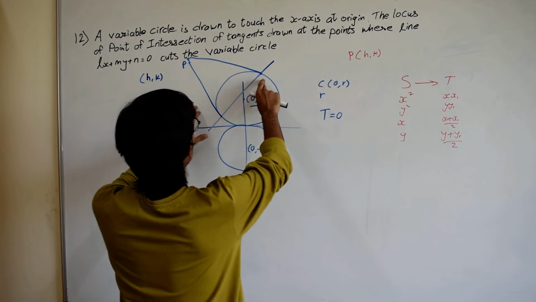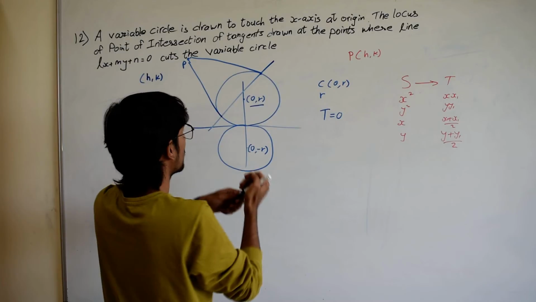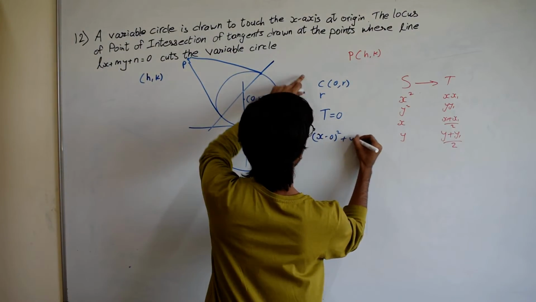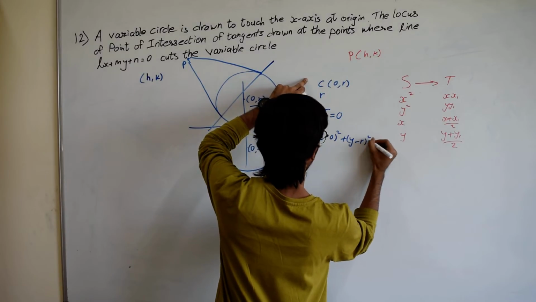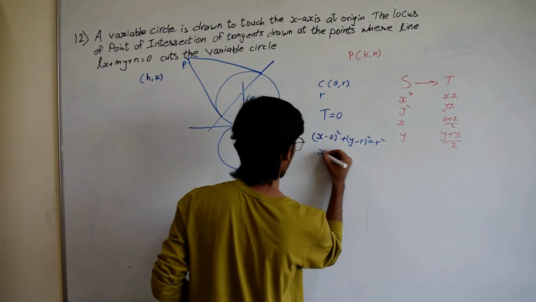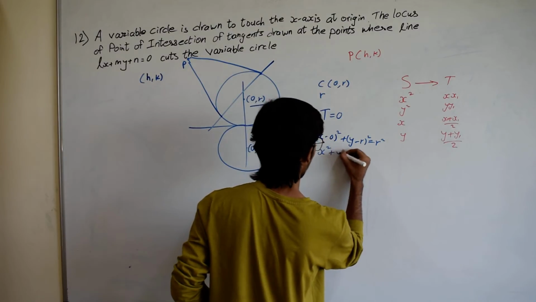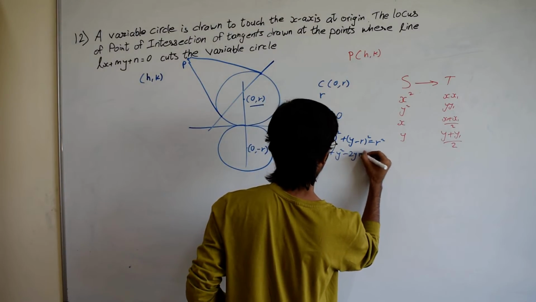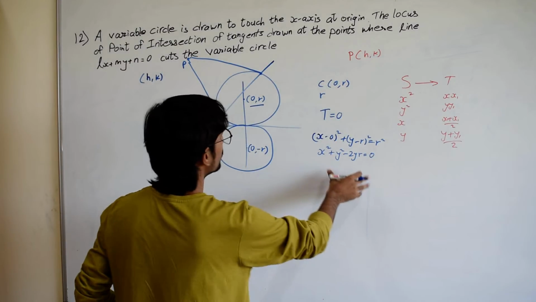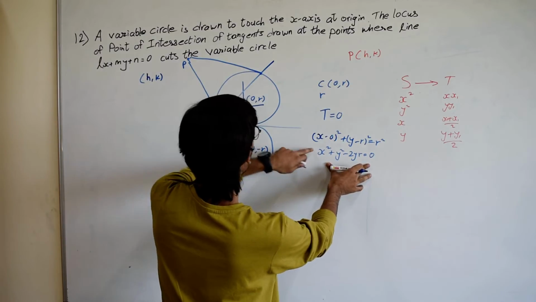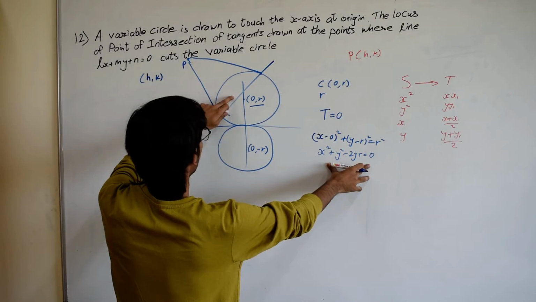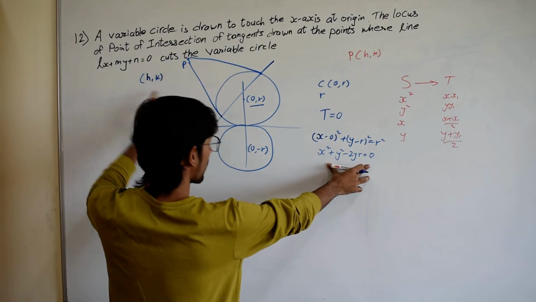Let's find the equation of the circle first. The equation of the circle would be (x minus 0) whole square plus (y minus r) whole square equals r square. I use the center and the radius formula. Simplifying, we get x square plus y square minus 2yr equals 0. The r square will be cancelled. For this equation of the circle, we use T equals 0 to find the equation of the chord from the point P, h, k.